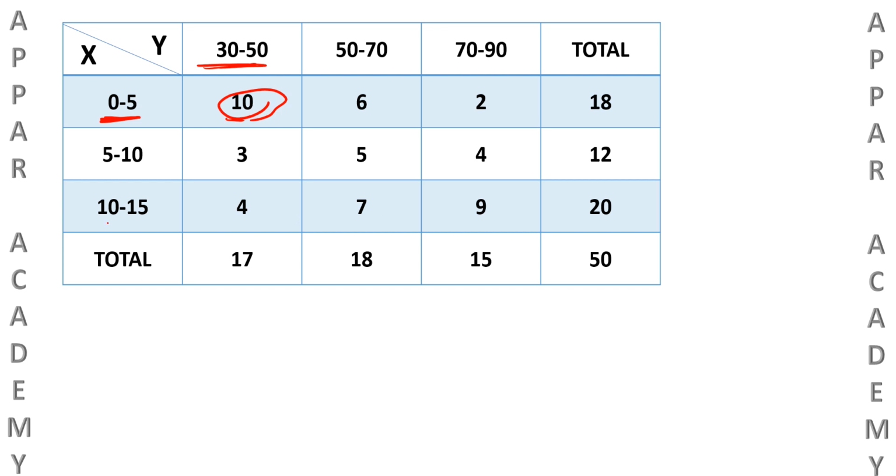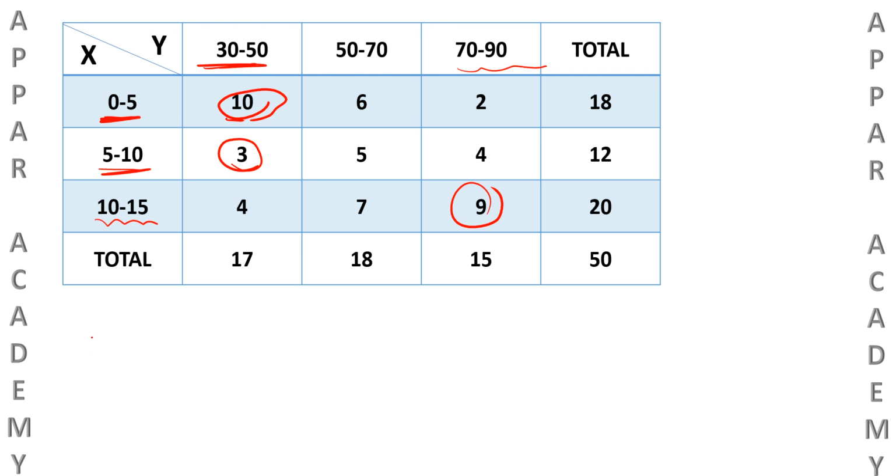The frequency that x lies between 5 to 10 and y lies between 30 to 50 is 3. The frequency that x lies between 10 to 15 and y lies between 70 to 90 is 9. This is how we see this table or distribution. Now we need to find the coefficient of correlation for this.